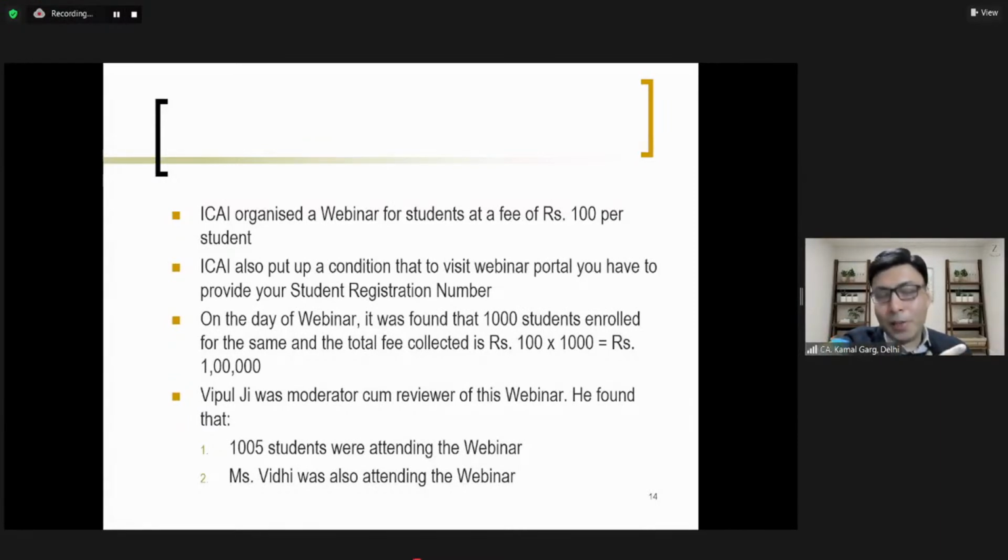So I read this question once again. ICAI organized a webinar for students at a fee of rupees 100 per student. ICAI also put up a condition that to visit the webinar portal, you have to provide your student registration number. On the day of the webinar, it was found that 1,000 students enrolled, and a total fee collected was rupees 1 lakh. Now, Vipulji was moderator and reviewer.